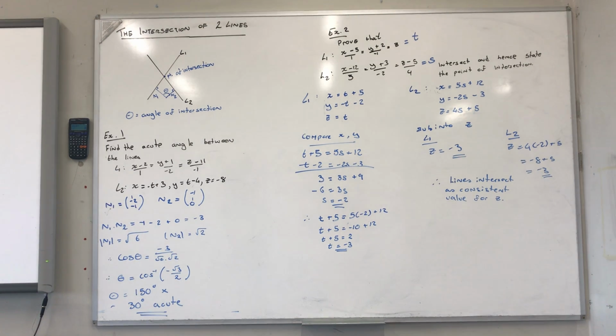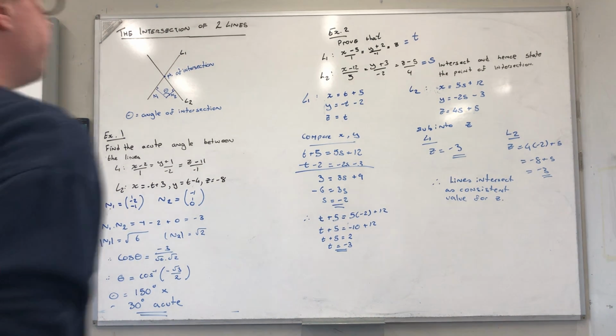So there, I've got a consistent value for z of -3, and therefore the lines intersect. And now all I need to do to calculate the point of intersection is calculate what x is and what y is. And it doesn't matter which ones you use, as we know it's correct.